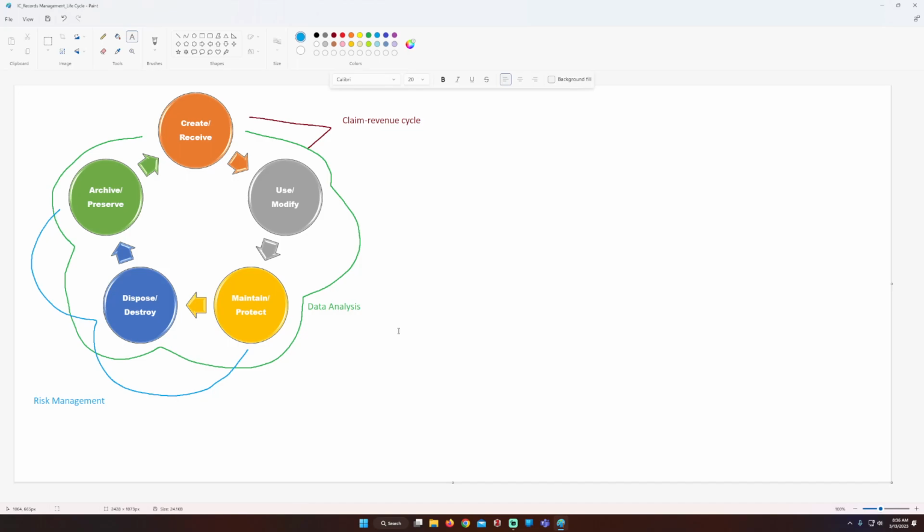Somebody sends the patient letter to the wrong address, or somebody calls the wrong phone number to inform a patient of a test result, right? Those things are breaches in their own right, but risk management is kind of there to help mitigate that.